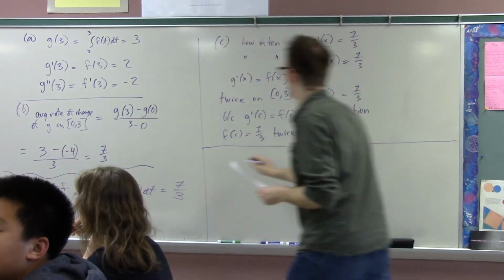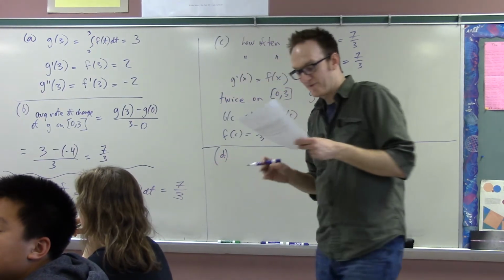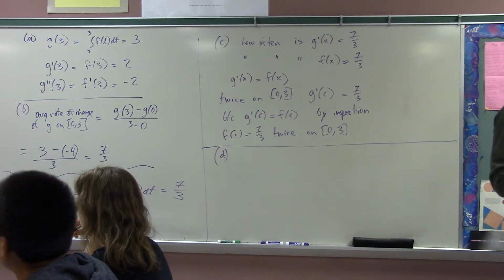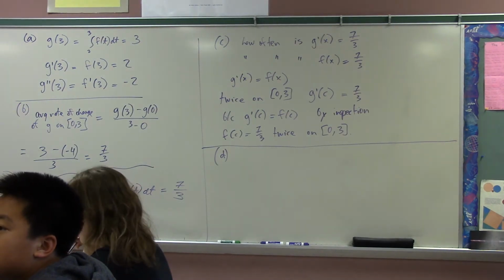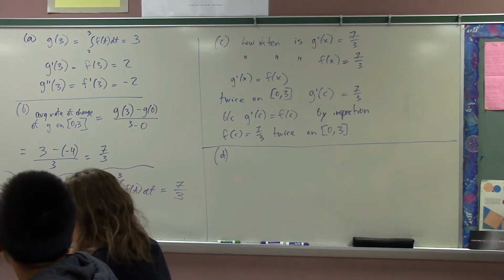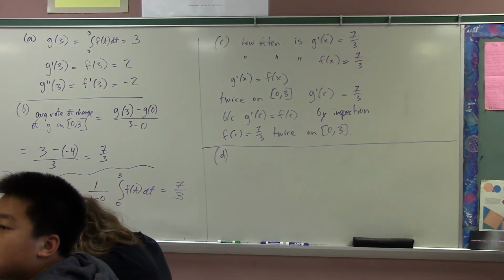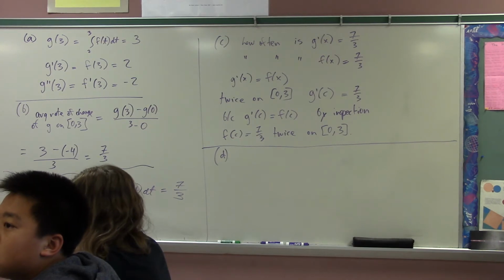All right. Part D. Find the x-coordinate of each point of inflection of the graph of G. Everyone think about this for a minute. Let's be a little bit careful about that.